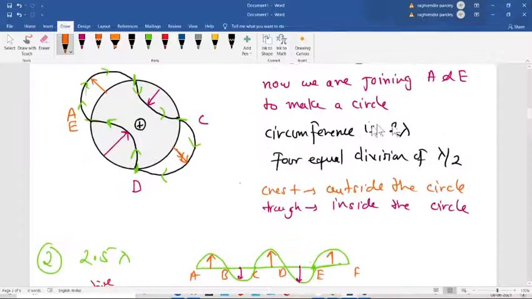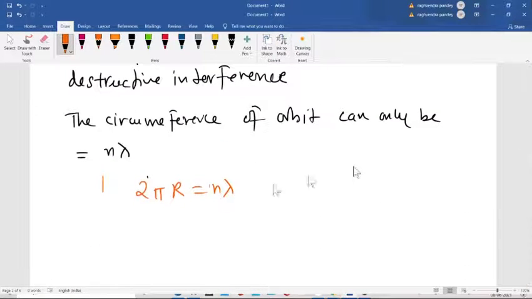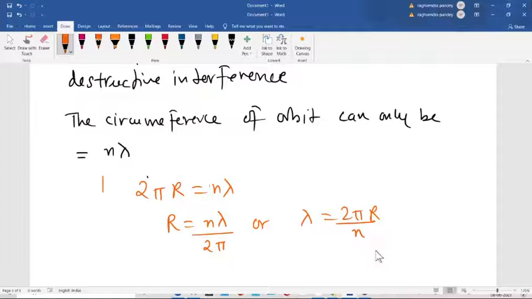So radius is equal to n lambda upon 2 pi, or we can write lambda is equal to 2 pi r upon n. This is one thing we can draw. So that is our conclusion.